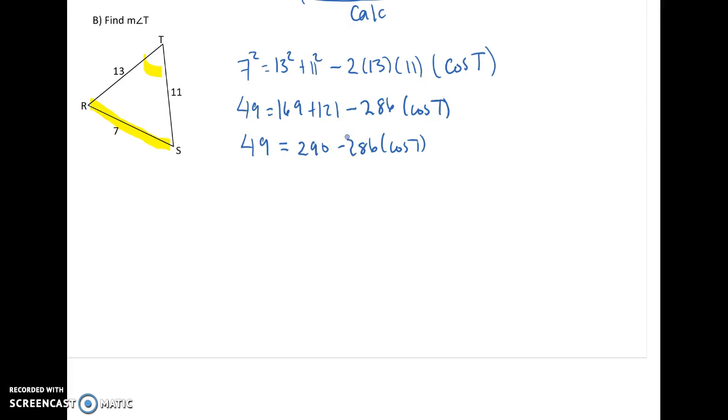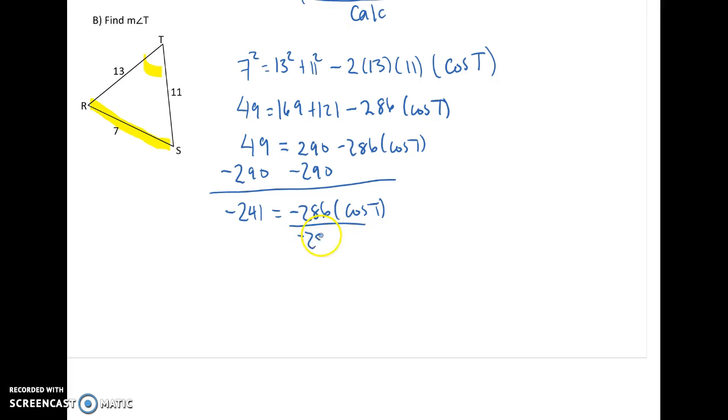So let's start doing our inverse operation. So subtract the 290 from both sides, and that'll give me negative 241 equals negative 286 times cosine t. Divide by that negative 286 to both sides. That's going to give me positive 241 over 286. That equals cosine t. And remember, how do I move that cosine to the other side without moving t with it?